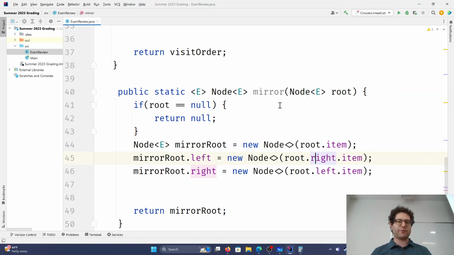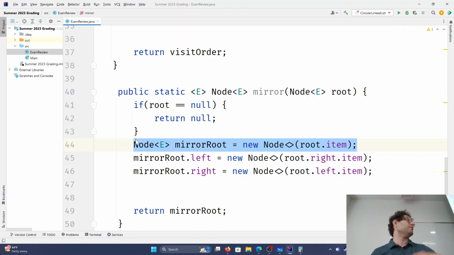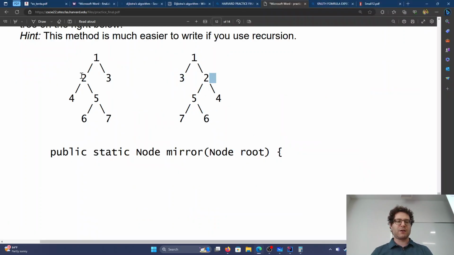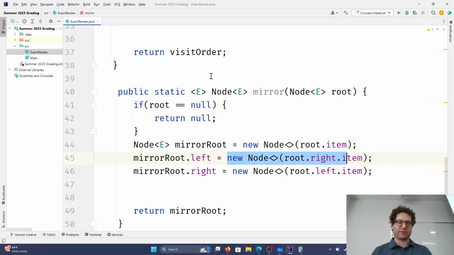If I called mirror on one of my children, we've already established that mirror is going to return its own new node. So the correct answer is that I want to call mirror on my child, which will create its own mirror nodes and handle swapping its own children, and I just need to swap my children.